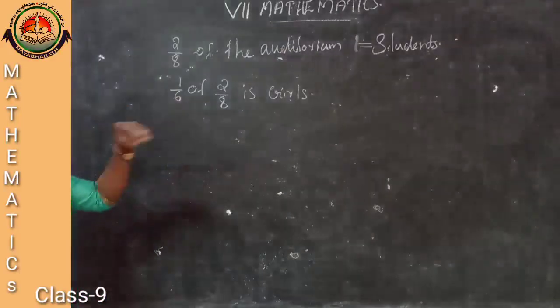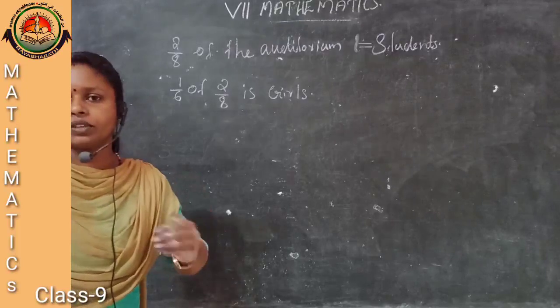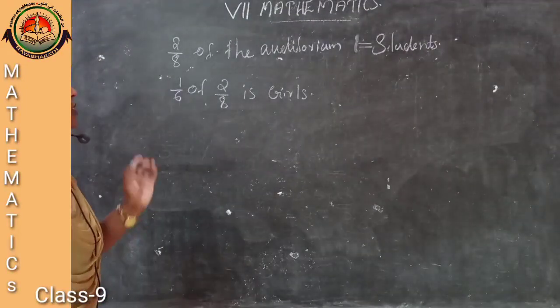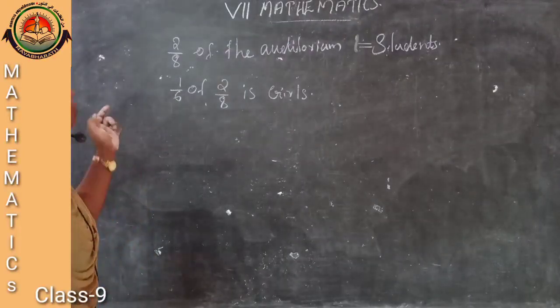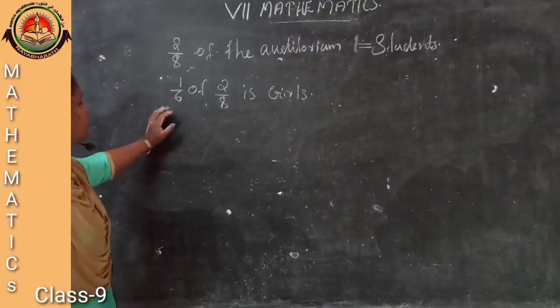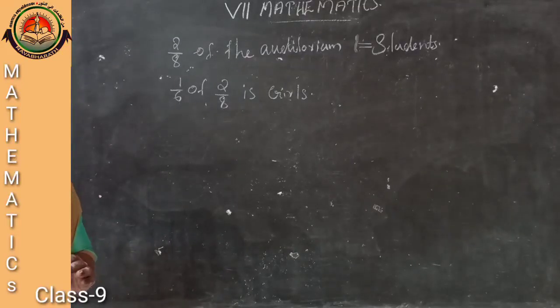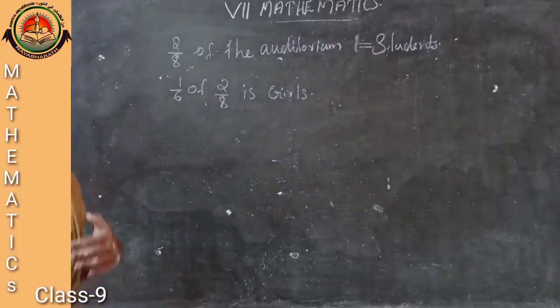1 by 6 of this, that means 2 by 5 of the auditorium is filled with the students, and of this 1 by 6 are girls. Okay, so we need to find 1 by 6 of 2 by 5. Then what fraction of the auditorium is filled with girls?